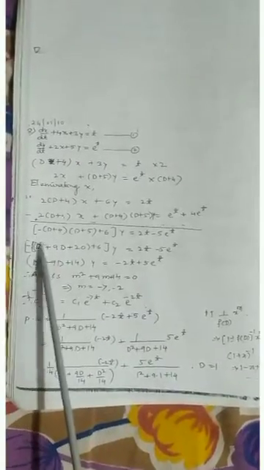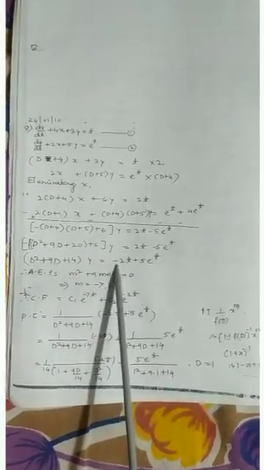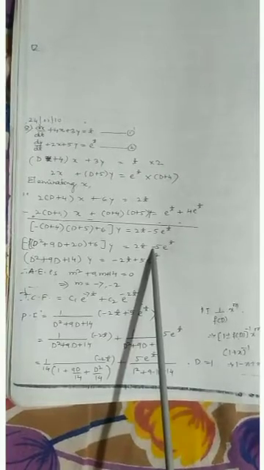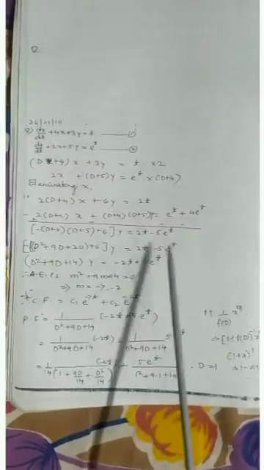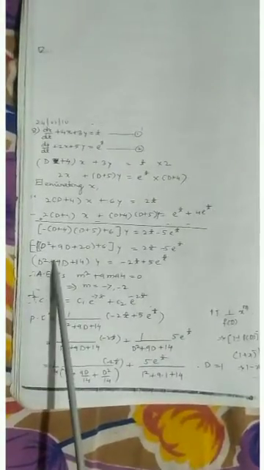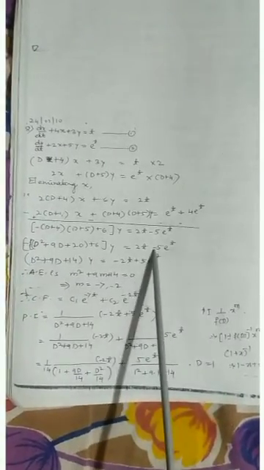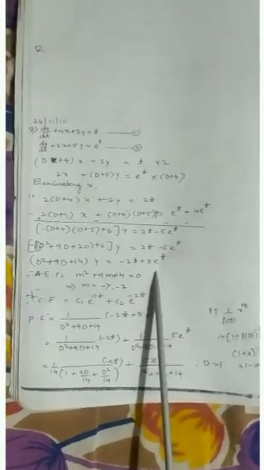Then D square plus 9D plus 20 minus 6, so we get 14. So (D square + 9D + 14)y = minus 2t plus 5 e to the power t. We get one non-homogeneous differential equation.